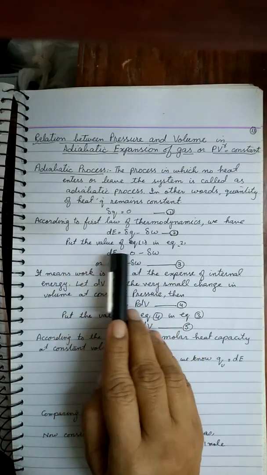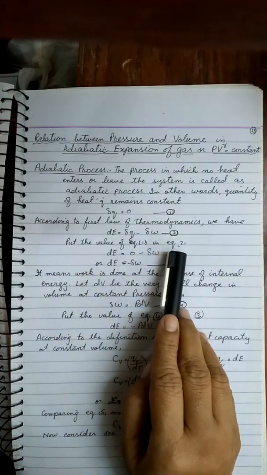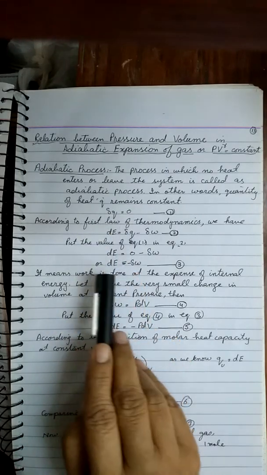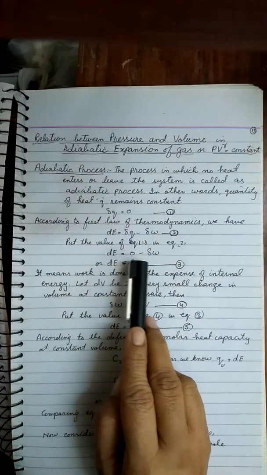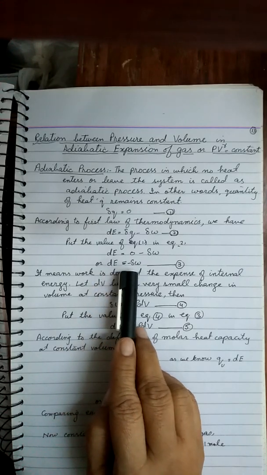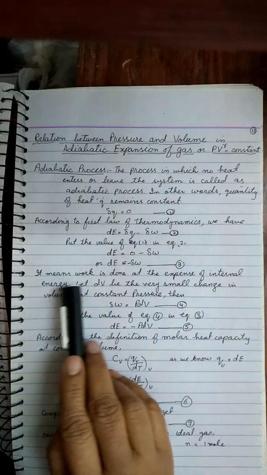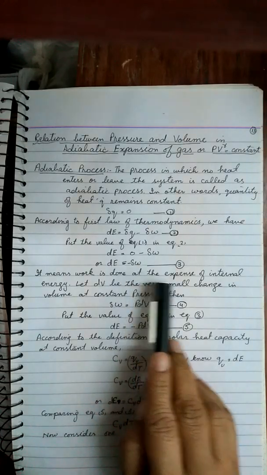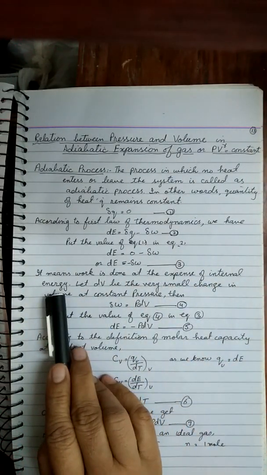Put the value of partial Q in equation 2 as partial Q is 0. So dE is equal to 0 minus partial W, or dE is equal to minus partial W. It means work is done at the expense of internal energy.